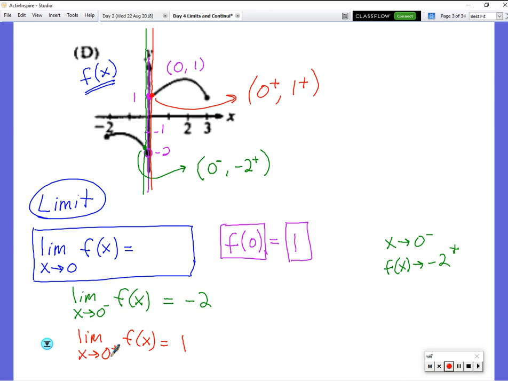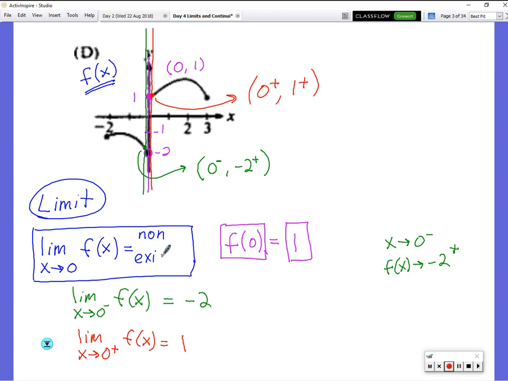When I get close to 0 from the left, the y-coordinate's getting really close to negative 2. When I get close to 0 from the right, the y-coordinate's getting really close to positive 1. So in general, I don't have any clue as to what's happening when I get close to 0, because 2 different things are happening. So the word they'll use is non-existent. That's how you answer the question.